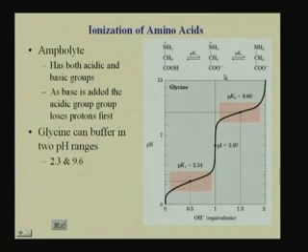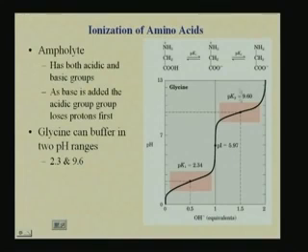At some point, I am going to lose the amine proton. The NH3 plus has to lose its proton when I cross its pK2. So, I am at pK1 where I have equal amounts. As I keep on adding OH minus, I have more A minus than HA, right?